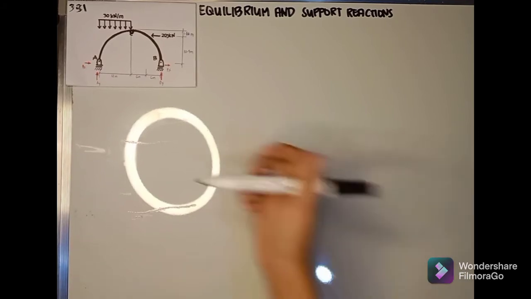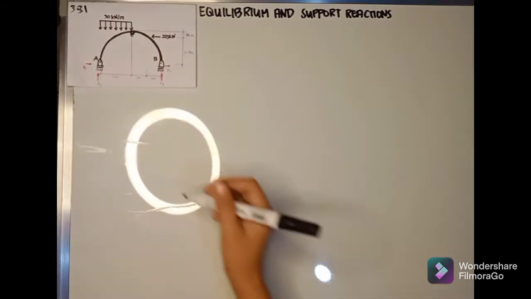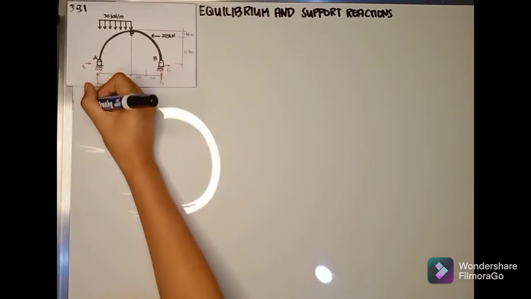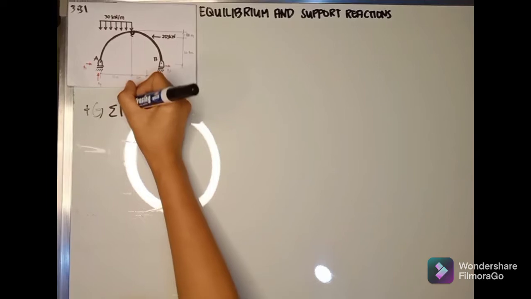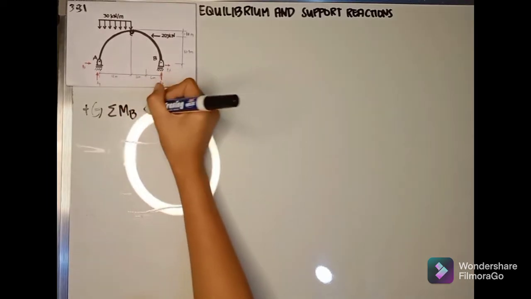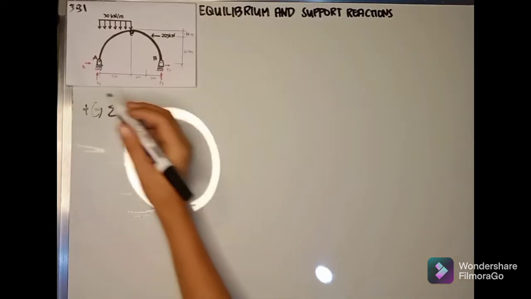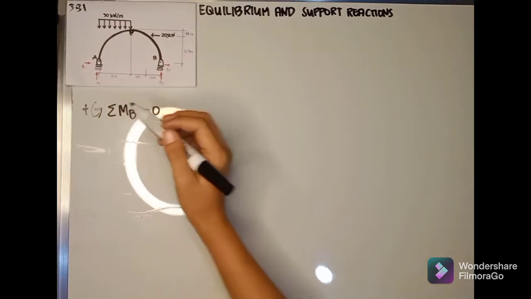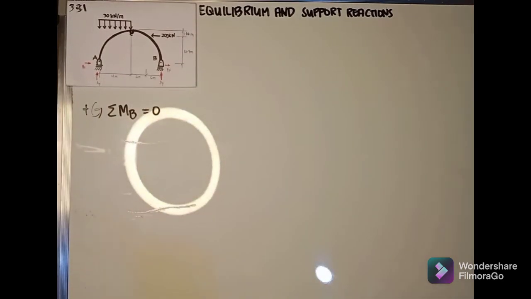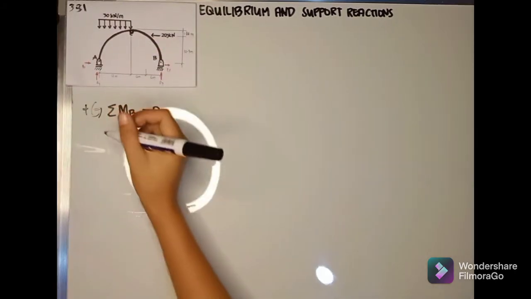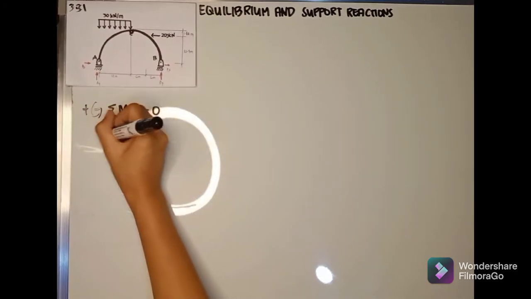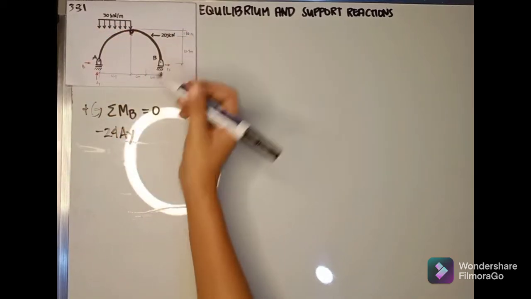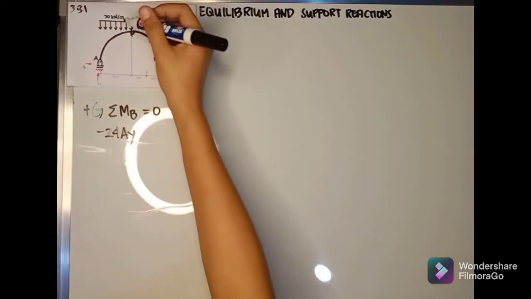So, magmo-moment tayo sa B para makuha natin yung AY. So, counterclockwise is positive. Summation of moment at point B is equals to 0. So, AY, yung moment arm is 24. Since clockwise siya, magiging negative 24 AY, then AX 0. So, diretso na tayo sa 30 kN.